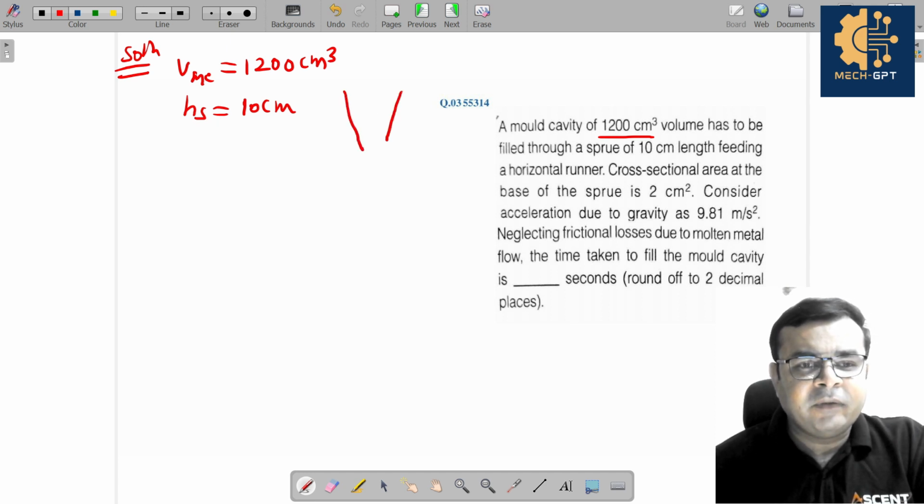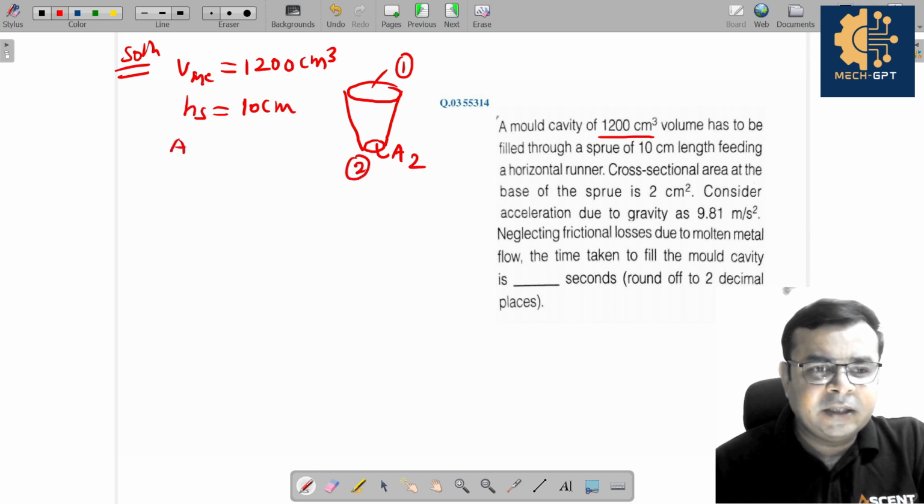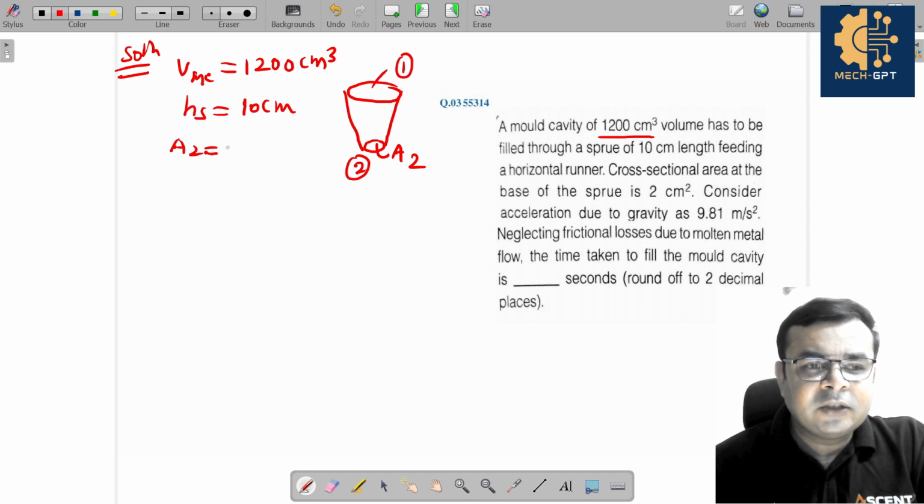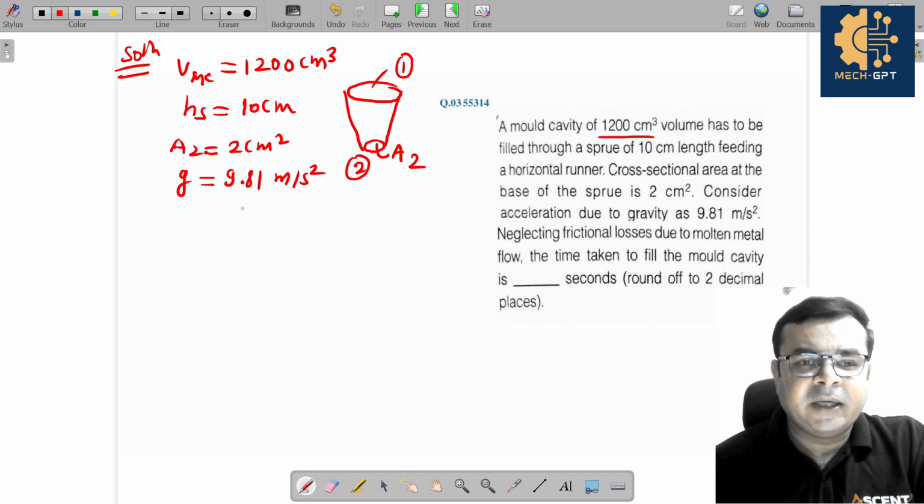If I draw a sprue, this is the base area and this is the top area. Let's say this is point 1 and this is point 2. Considering acceleration due to gravity, g is given as 9.81 meter per second square.